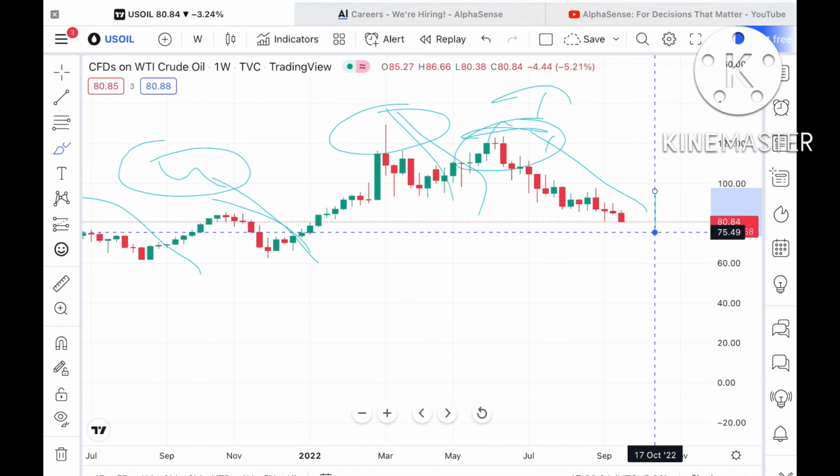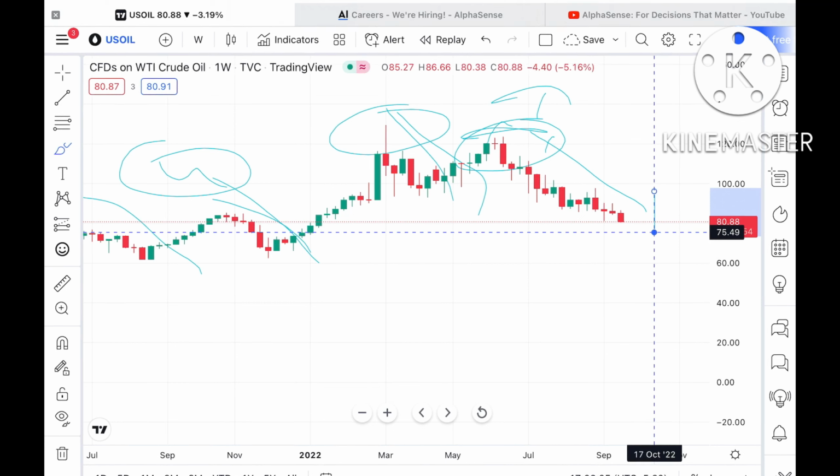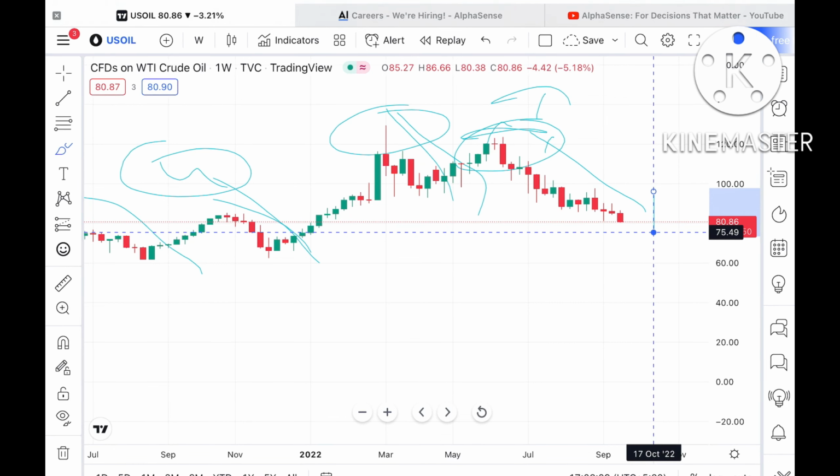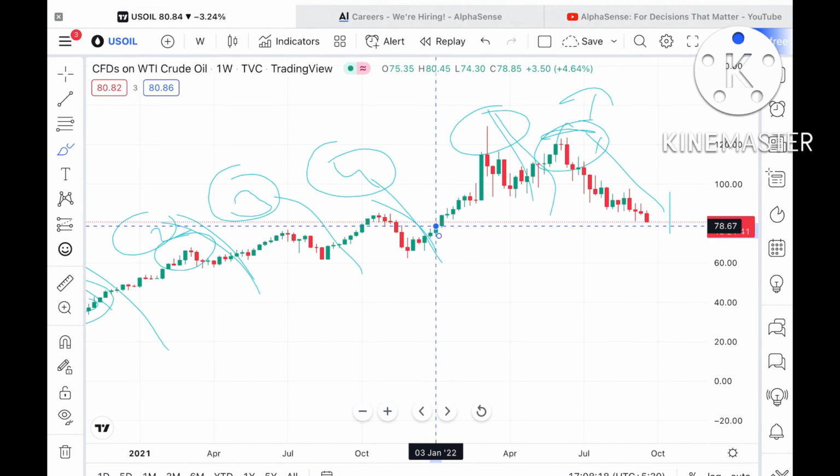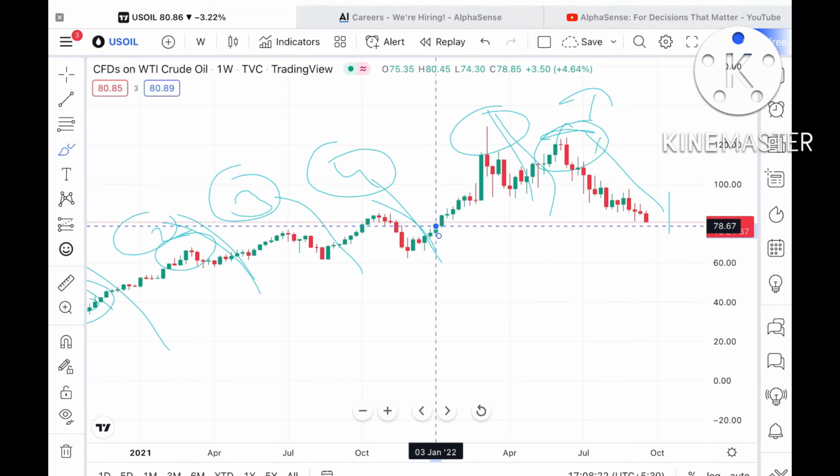If you look at this chart, it is trading at around $80.88. If this level doesn't sustain, there is a possibility of moving further down towards a level of 77, and if that goes further down, then there is a probability of touching 75 to a level of 68. The crude price is currently trading at around $80.77.